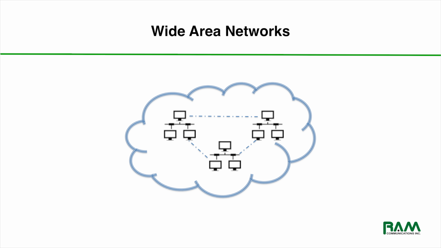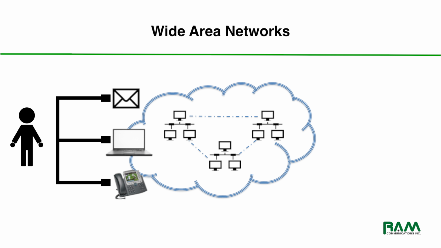In an MPLS network, specific applications such as instant messaging, voice calls, email, web traffic, all can be prioritized so the most important information gets the most bandwidth. Quality of service, or QoS, is what enables this type of prioritization.